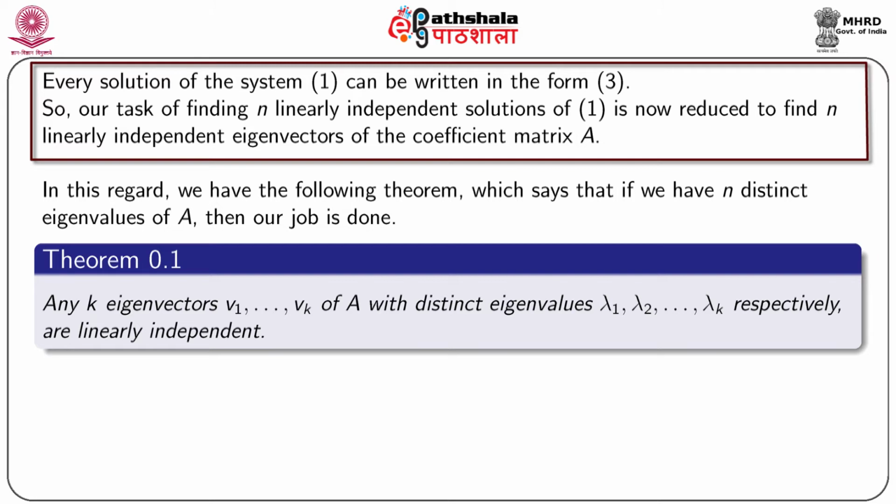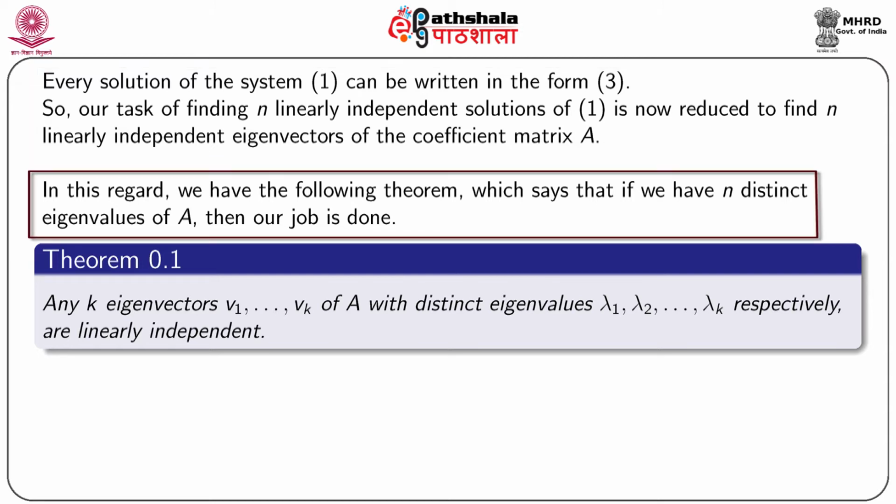So, our task of finding n linearly independent solutions of 1 is now reduced to finding n linearly independent eigenvectors of the coefficient matrix A. In this regard, we have the following theorem, which says that if we have n distinct eigenvalues, then our job is done.